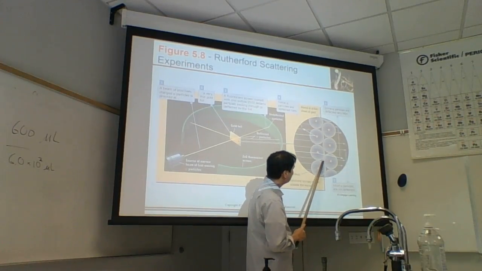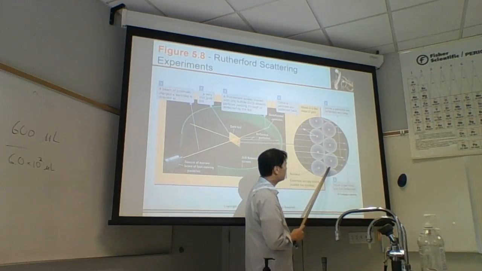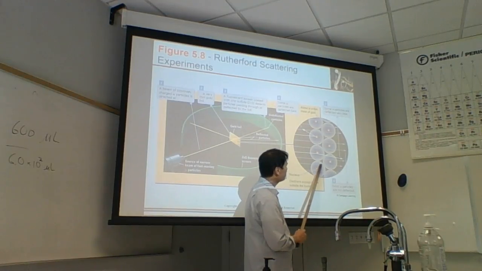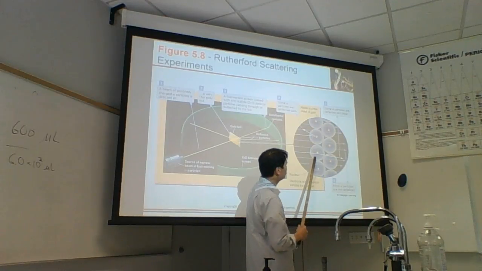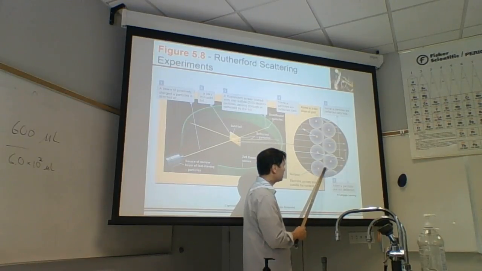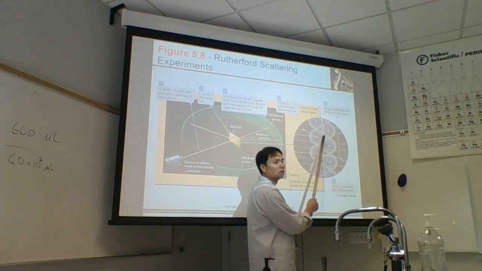Do you see these empty spaces between? Those empty spaces are called void spaces. There's no mass there. So we have mostly empty space, but this whole thing weighs 20 grams per cubic centimeter, or 20 grams per milliliter, including all the empty space.